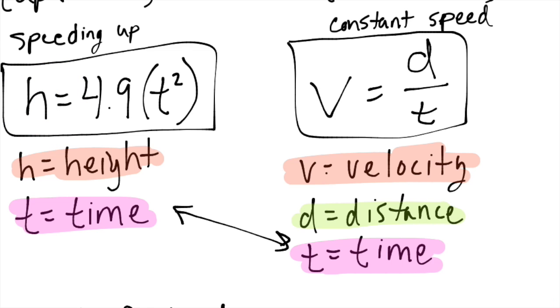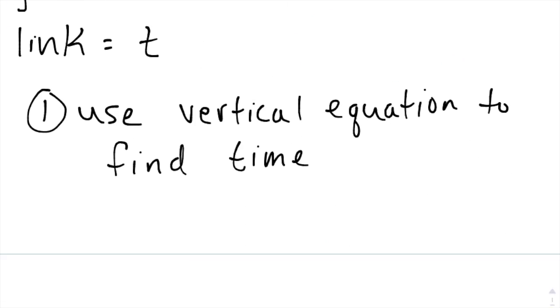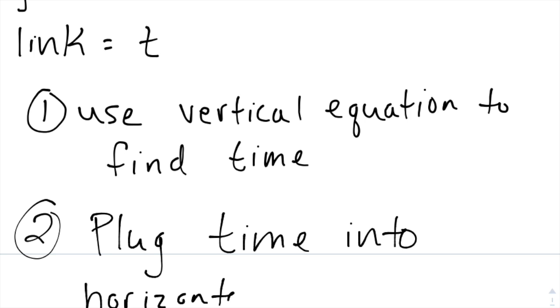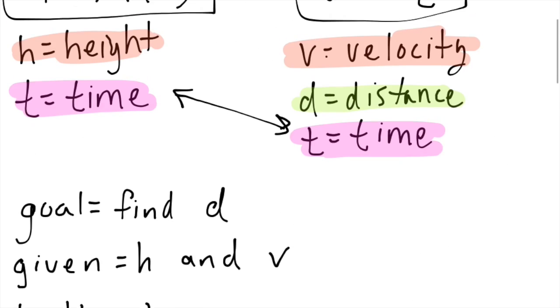All right, the next thing I'm going to do, step 2, is going to be plug time into the horizontal equation. All right, so let's go look at the horizontal equation.